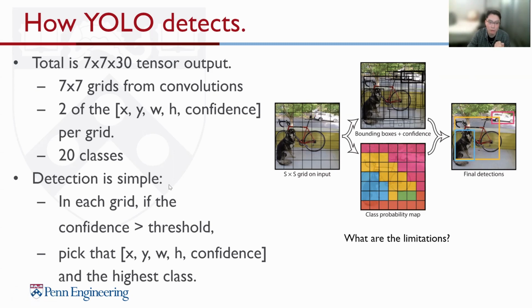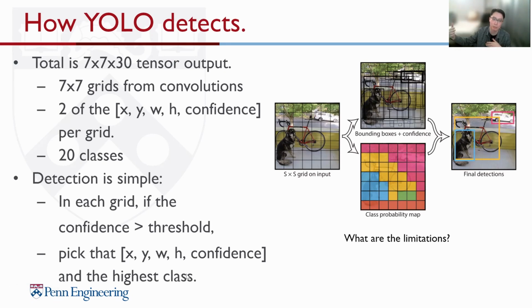So the detection logic is very simple. For each grid, if the higher of the 2 confidence values is greater than the threshold, then we just pick that detection with the highest class.